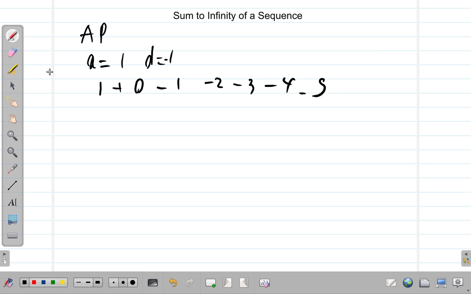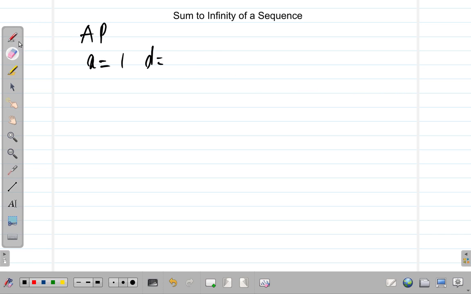Even if d is a small fraction, for example 0.1, you still have an infinitely large answer, right? The sum would approach infinity because you'd have 1, then 1.1, then 1.2, 1.3, and it will go up and up and up.